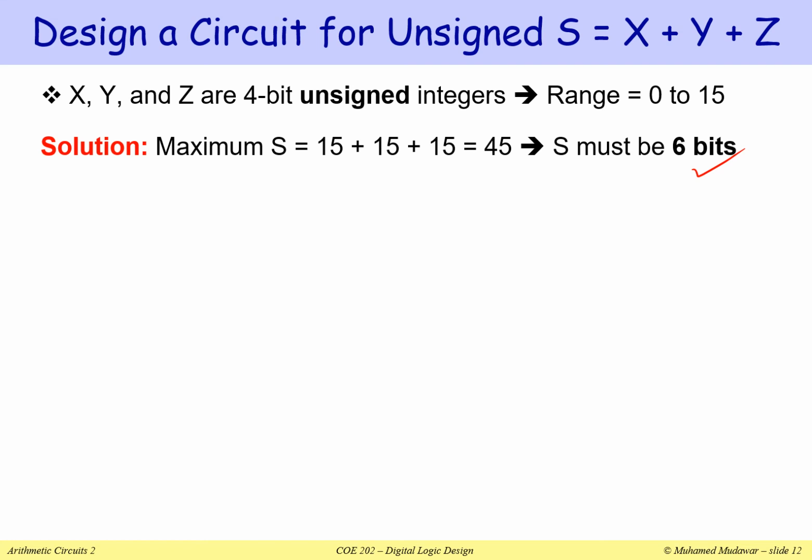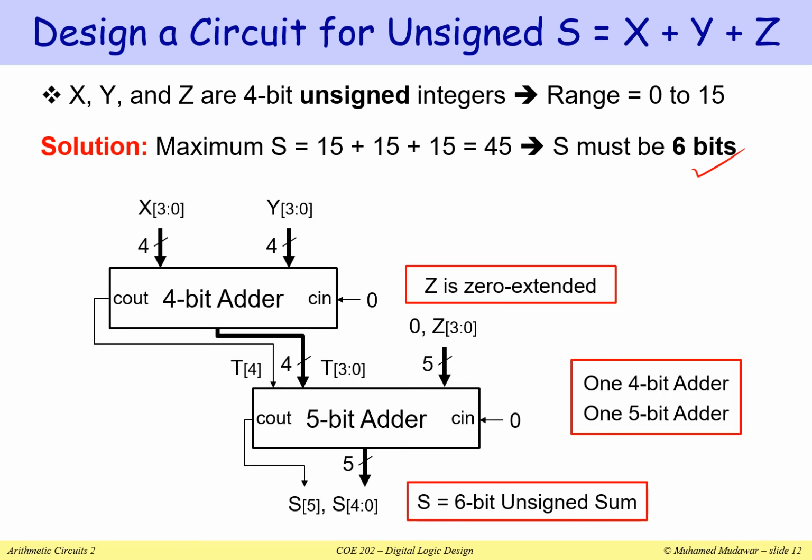So in order to design such a circuit, I can use 2 adders. The first adder is a 4-bit adder that will calculate x plus y. This 4-bit adder is going to produce a temporary sum, which is t.